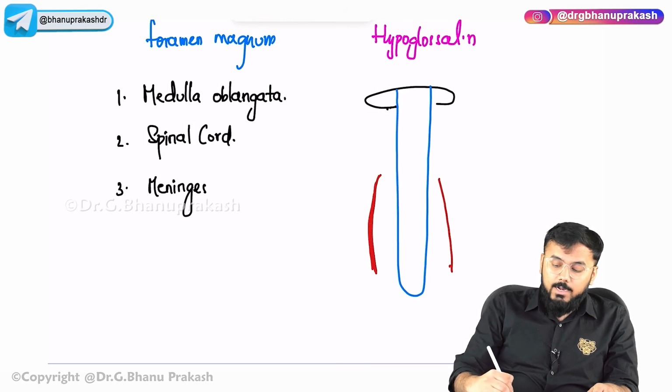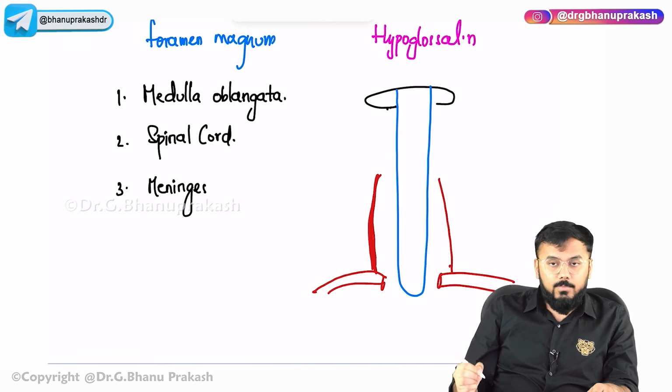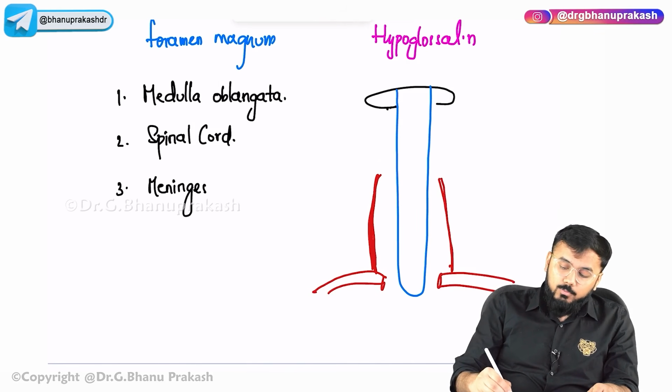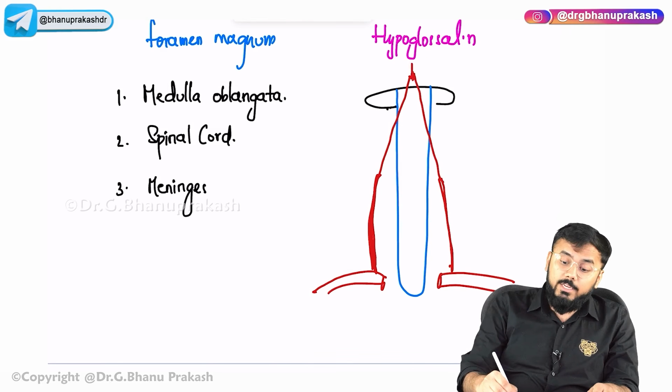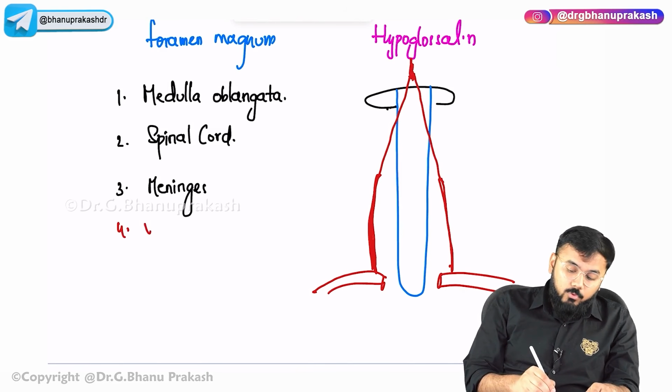These are arising from the right and left subclavian arteries. Both of them ascend up and, at the pontomedullary junction, join to form the basilar artery. So the fourth important thing is your vertebral arteries.